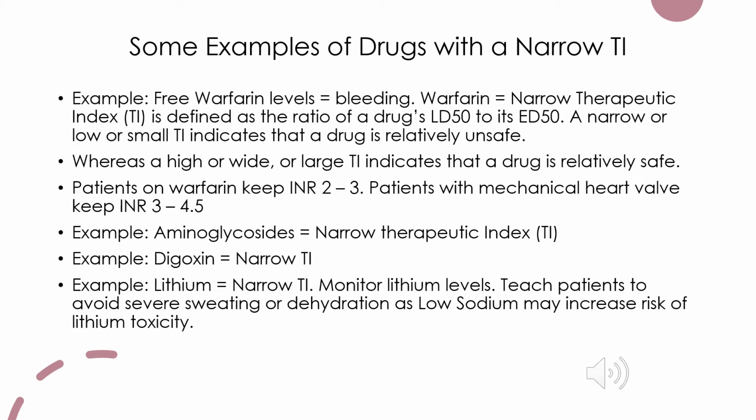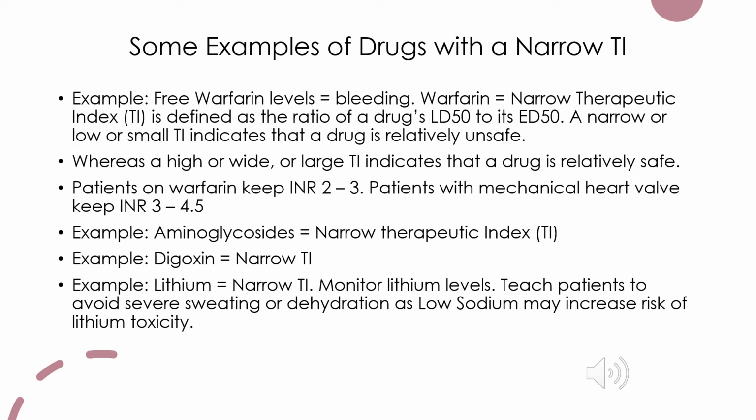Drugs that have a narrow or low therapeutic range means that the dose that is effective is very close to the dose that causes adverse and toxic reactions. That means the lowest and highest acceptable drug levels are not that far apart.